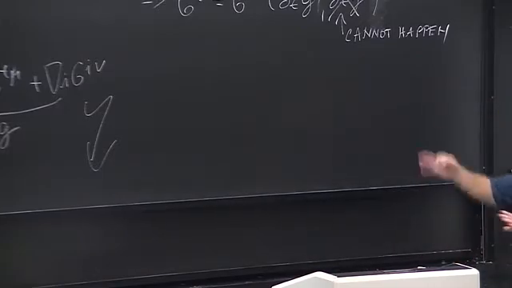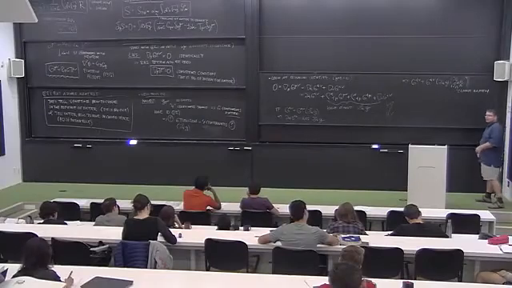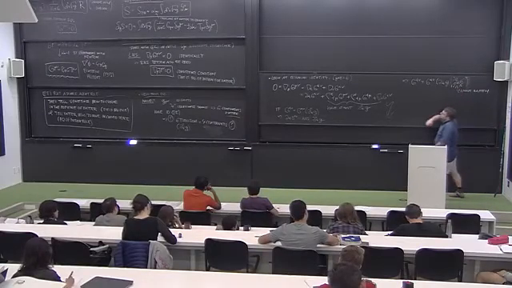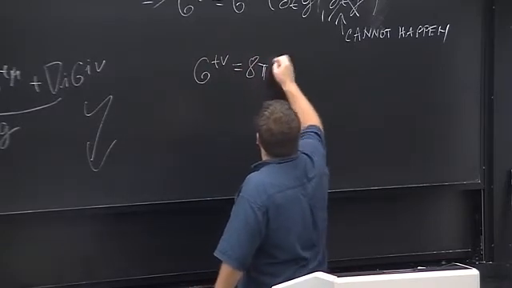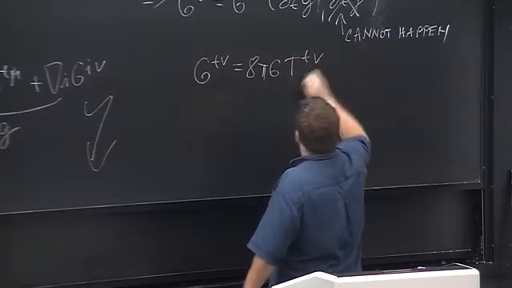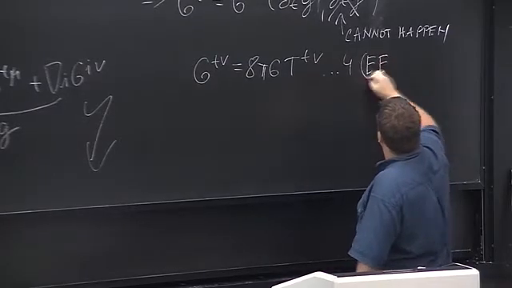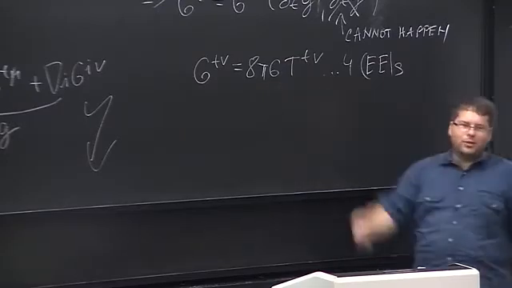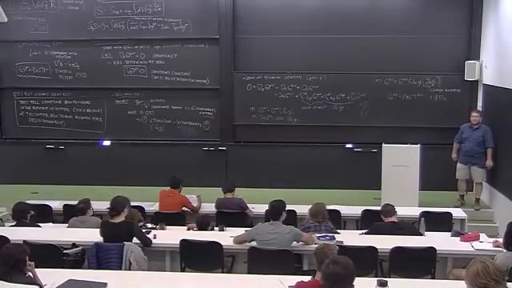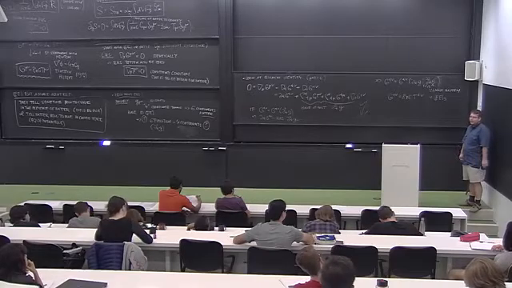So now we proved that G t nu at most have one derivative of the metric. They cannot have two. But of course, G t nu equals 8 pi G T t nu are four Einstein equations. So we just proved that these four Einstein equations don't have two derivatives of the metric, and they cannot be evolution equations. They are constraints.